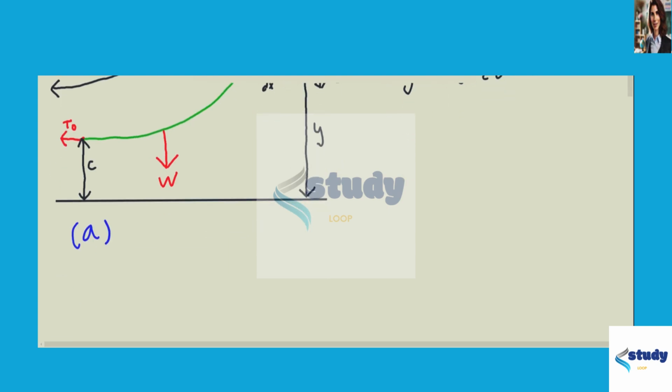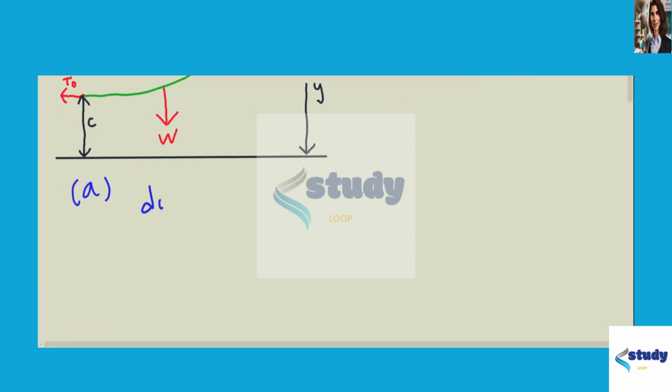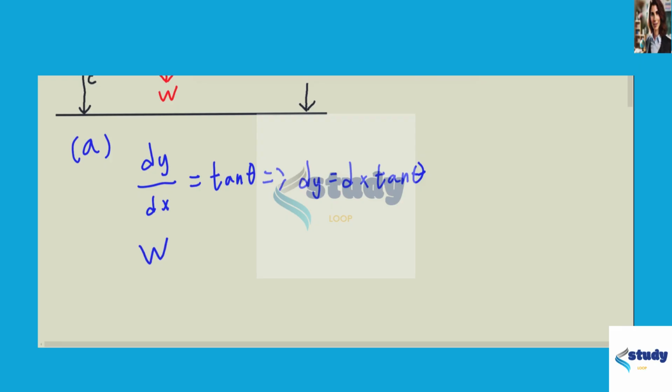And to start, we can write that dy over dx is equal to the tangent of theta, which I'm going to rewrite as dy is equal to dx times the tangent of theta. And then I'm also going to write that the weight W divided by the tension T naught is equal to the tangent of theta.